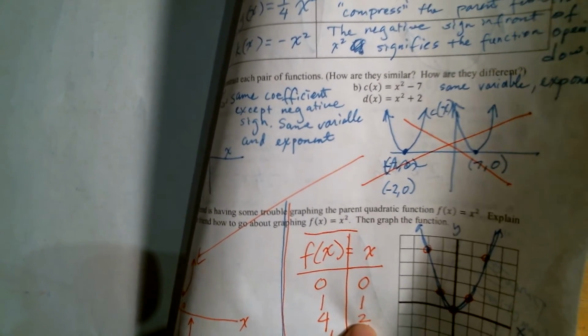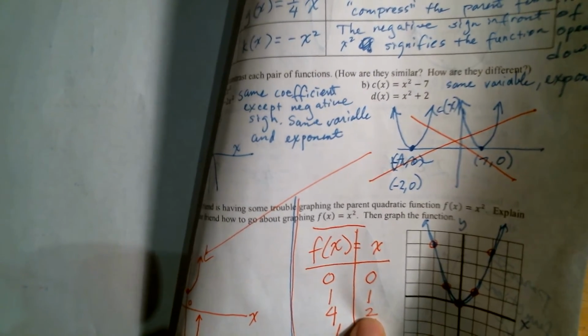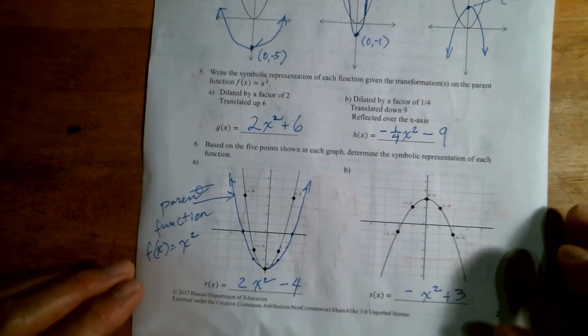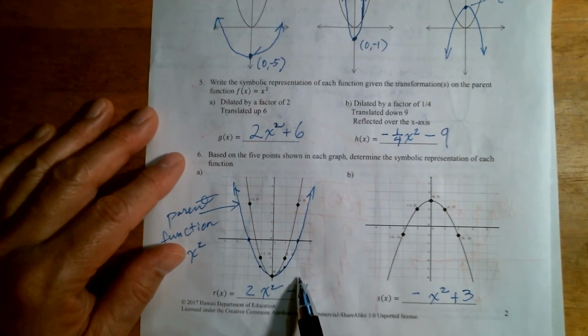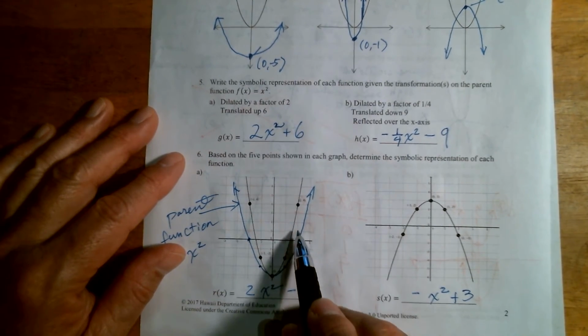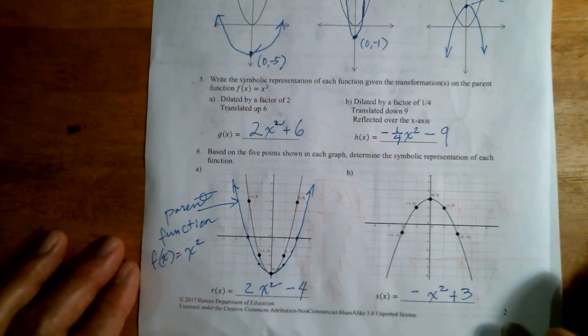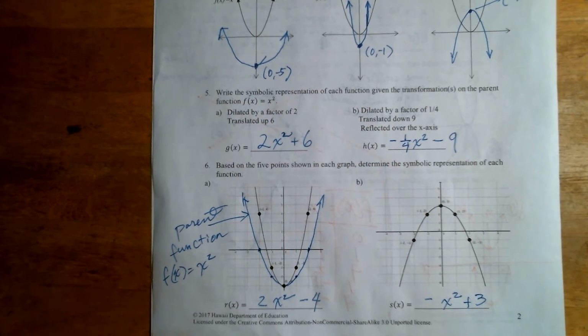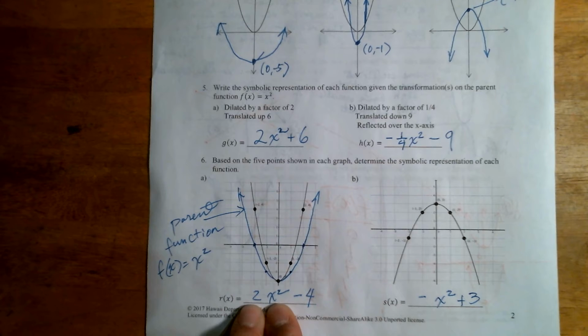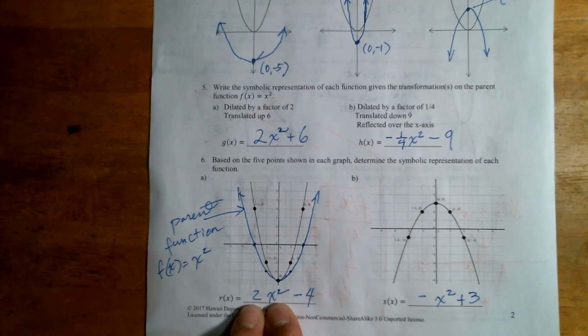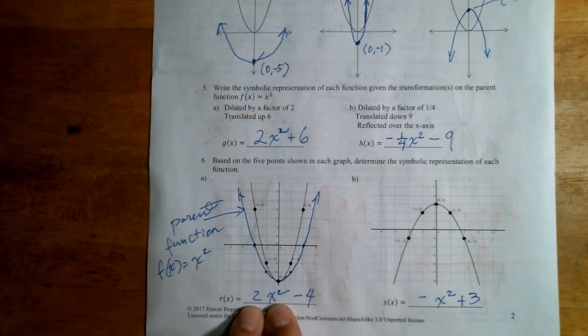But in this case, for x equals 2, this value is 8. Okay? So you go 2, 1, 2, 3, 4, 5, 6, 7, 8. So you know that you have a transformation here, which is a dilation of the parent function.